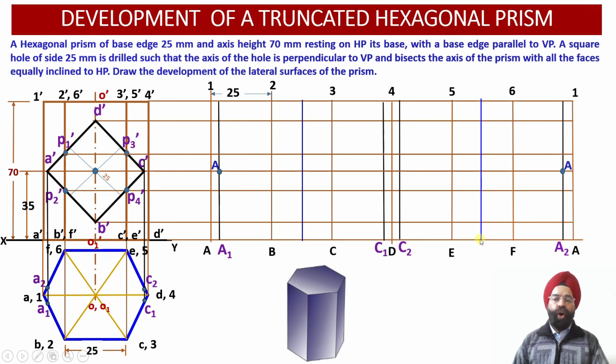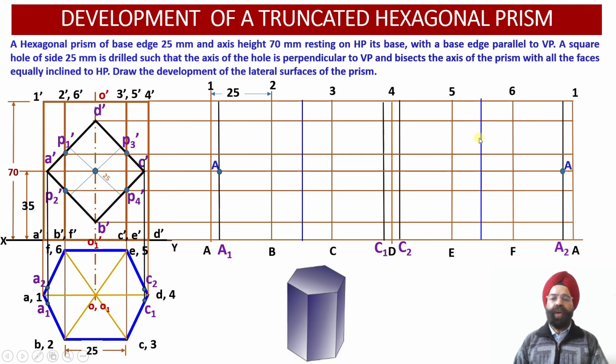Now onto this particular blue line, we are going to obtain the location of points B and D corresponding to the rear face. Here, between the edge points B and C, this midpoint will provide us with the location of the points B and D in the front projections over here.